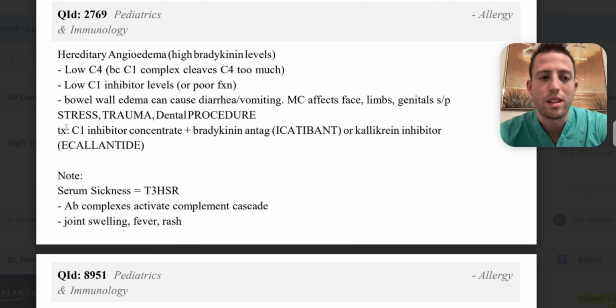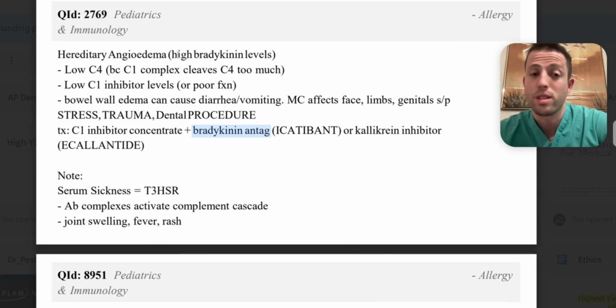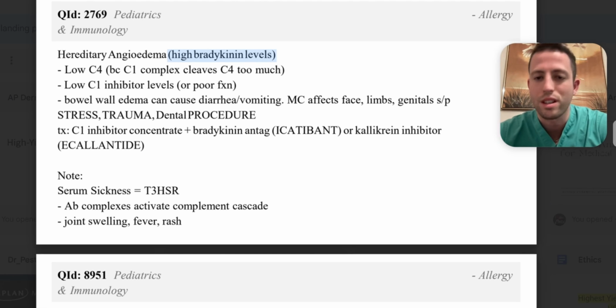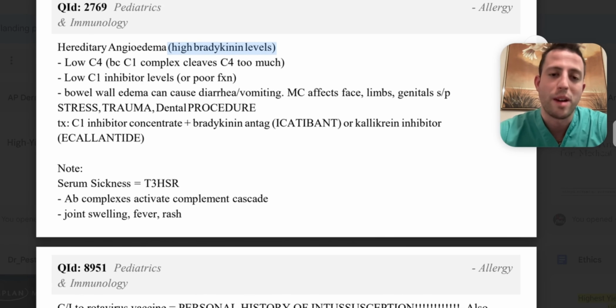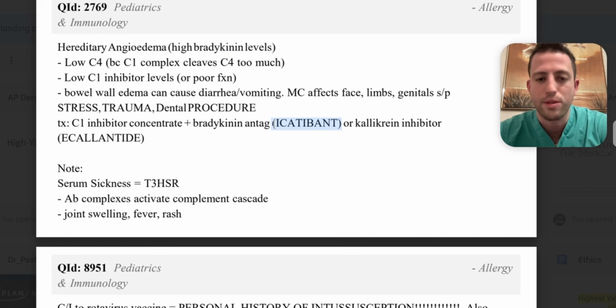Really what they'll test you on most commonly is the C1 inhibitor, right? Because you want to replace what you're low in, as well as bradykinin antagonism, because there's super high bradykinin levels. If you know the mechanisms of action, then you're a little bit safe with this type of question. I have not seen them actually ask for icatibant or ecallantide, but they are good to be familiar with.